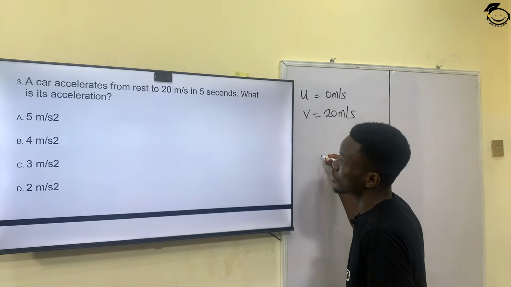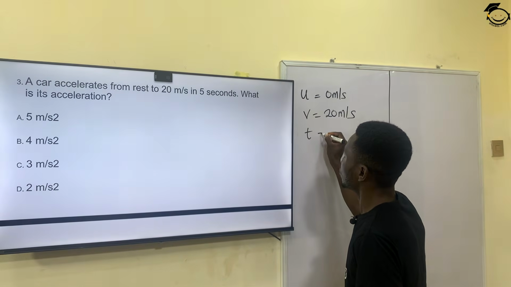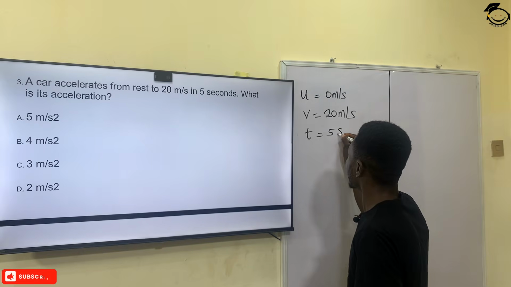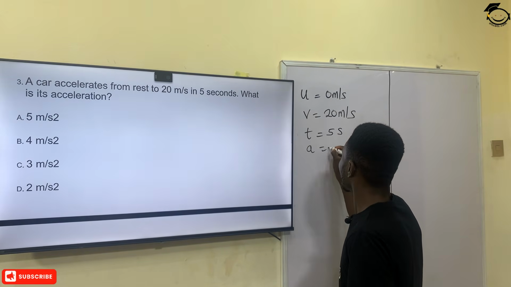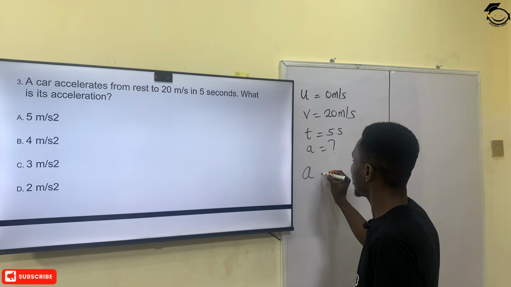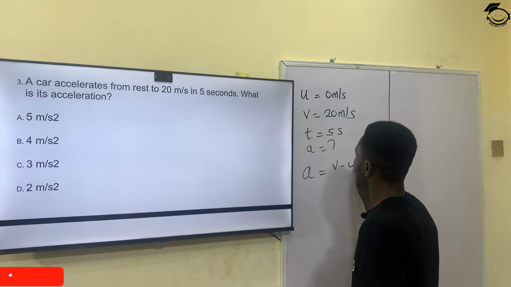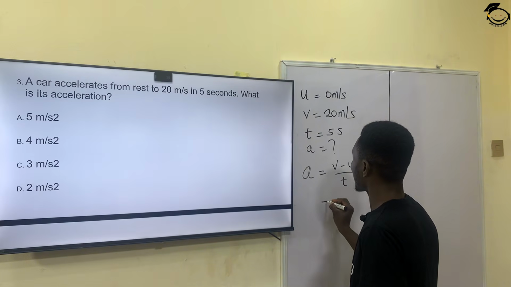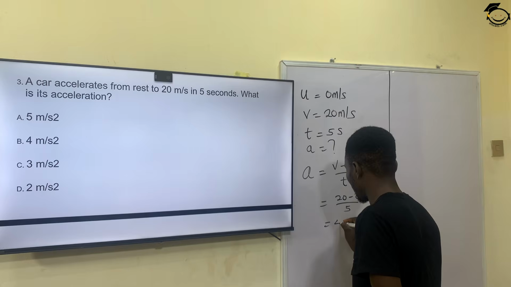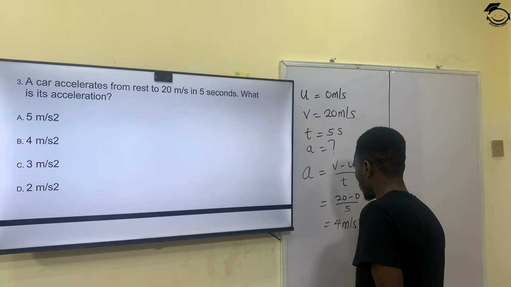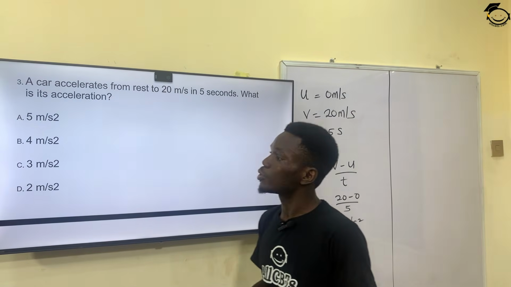The time it took was given as 5 seconds. Then they asked us to find the acceleration, which is unknown. We know that acceleration a is equal to v minus u over t. This is the same as saying 20 minus 0 divided by 5, which will give me 4 meters per second square. And that is option B.